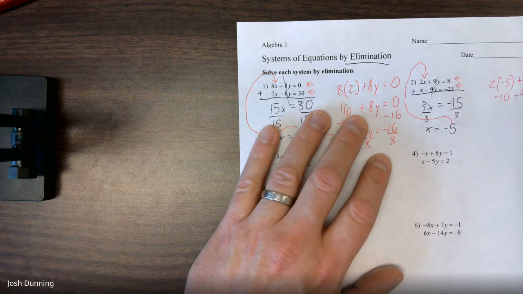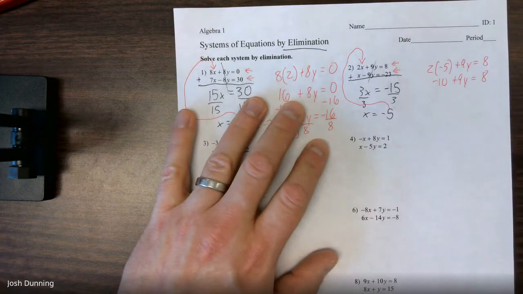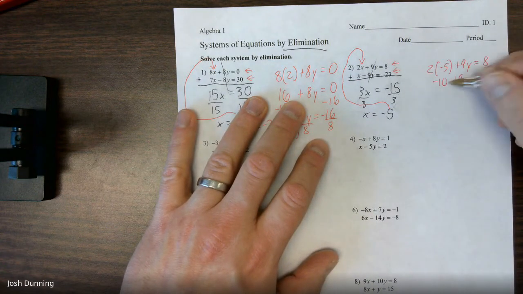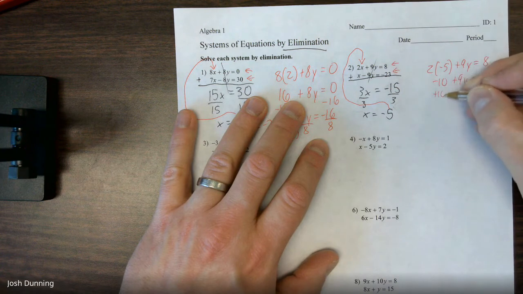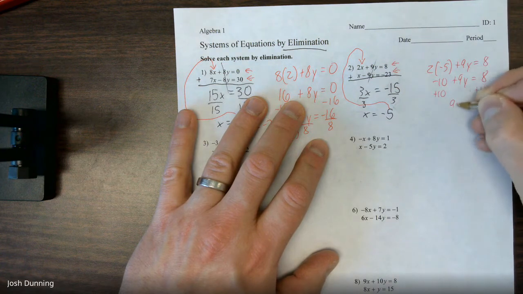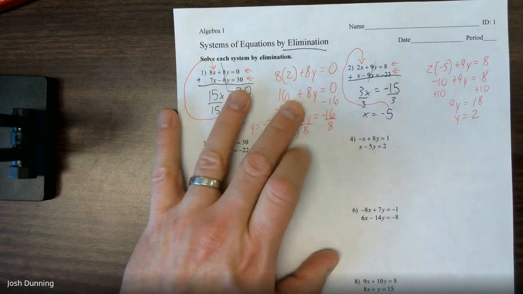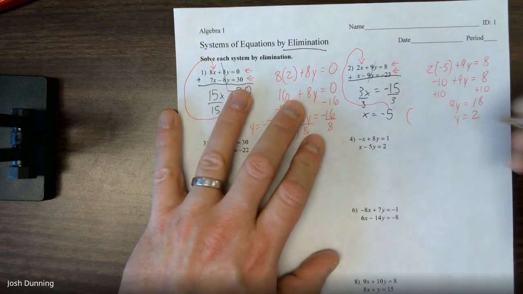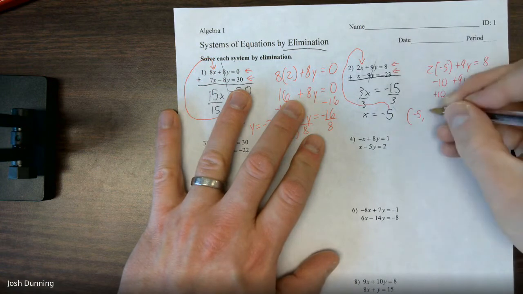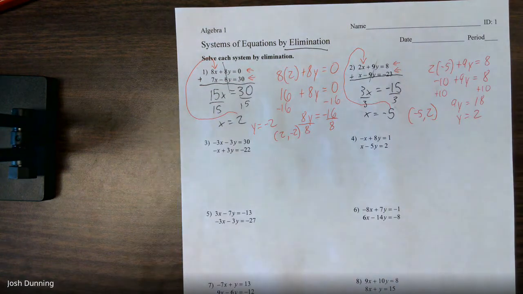That's negative 10. Oops. There we go. I want to get y alone, so I'm going to add the 10. Divide by 9. 2. And remember, if this is Delta Math, put the x first, then the y.